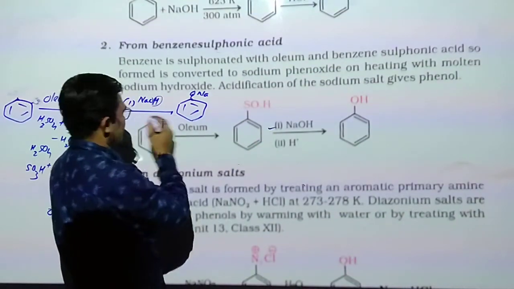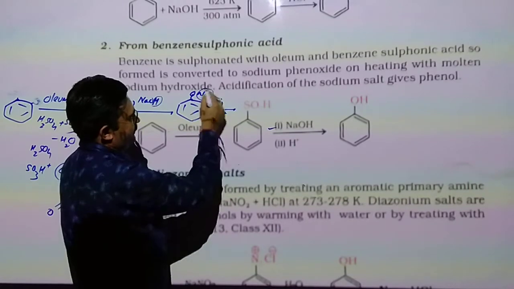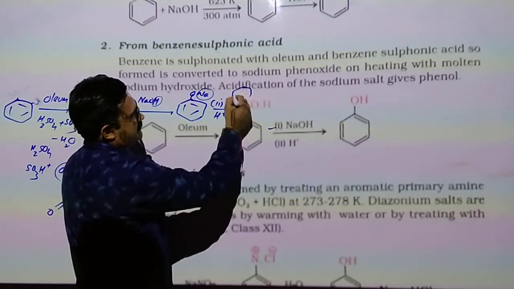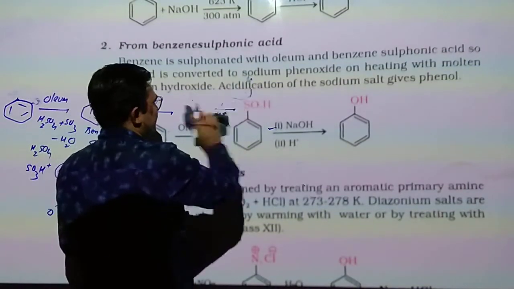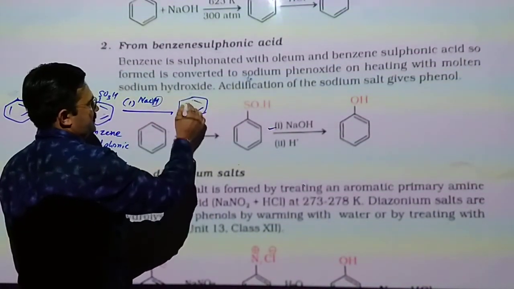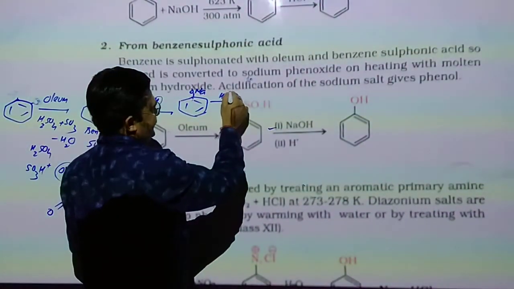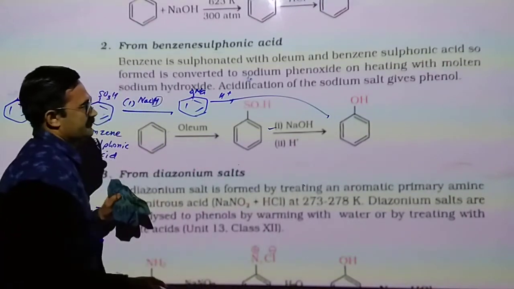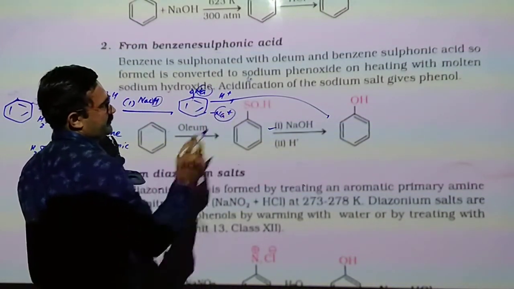First step, NaOH gives sodium phenoxide. Second step, acidification: Na plus is removed and OH comes. So Na plus is replaced by H plus and gives phenol.